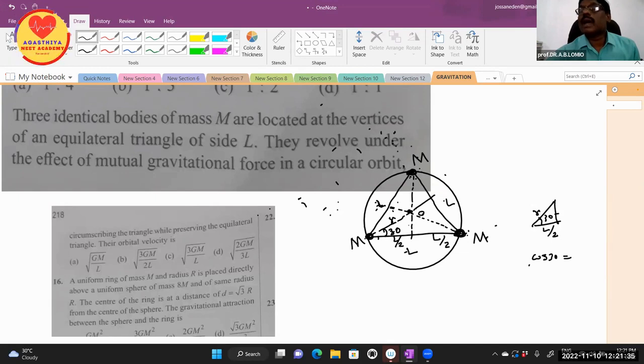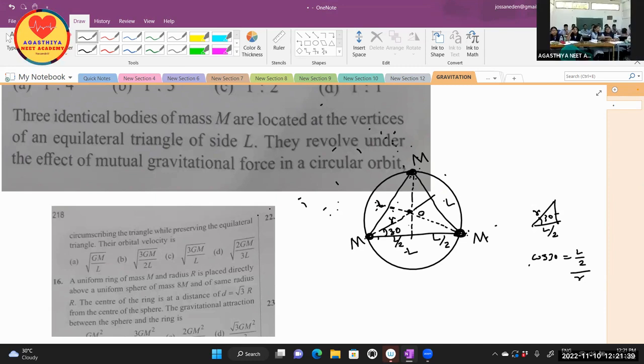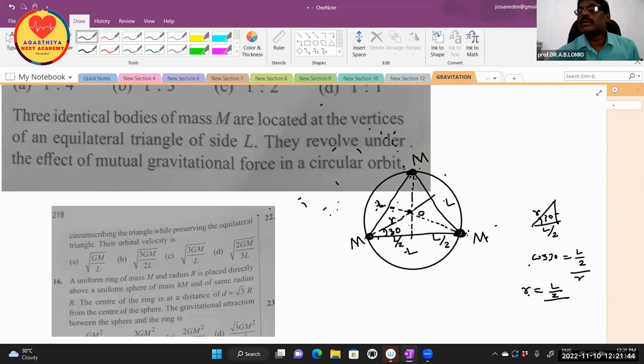Cos 30 means adjacent by hypotenuse. Therefore, R is equal to L by 2 cos 30.